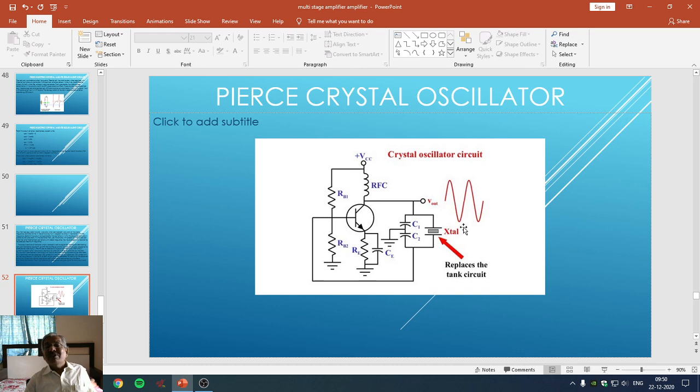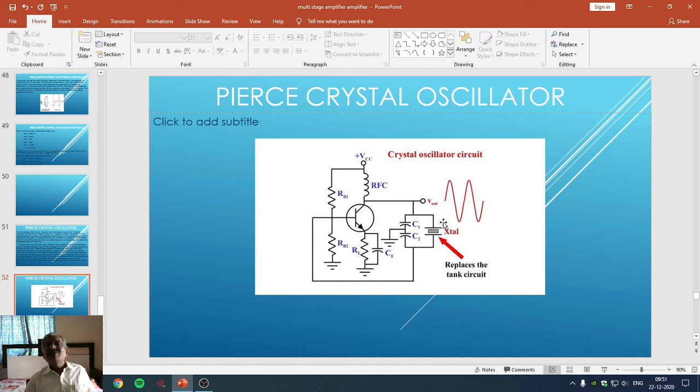If you use a crystal of 12 megahertz, that frequency is generated. Naturally, one has to bias the circuit accordingly. If you use a crystal of say 3 megahertz, that frequency is going to be generated. So the entire frequency of this circuitry depends upon the crystal which we have chosen. That will decide the frequency that is going to be generated.